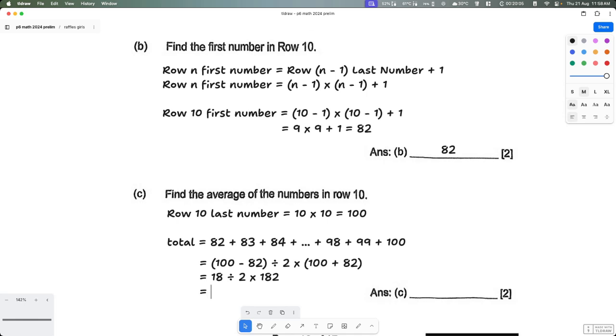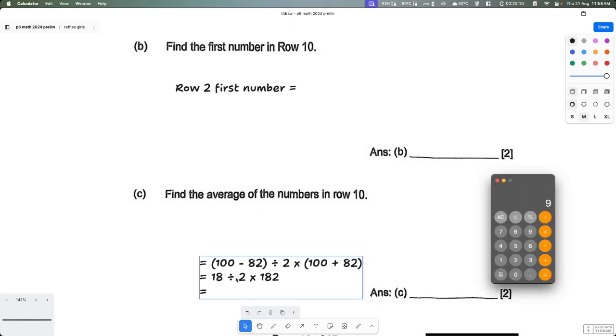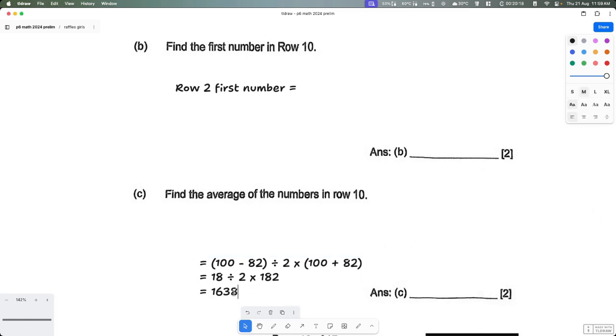So basically, let's calculate this, 9 multiplied by 182. Somehow my answer just disappeared.